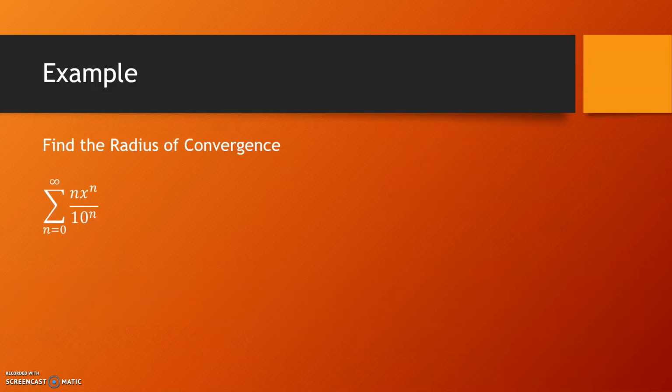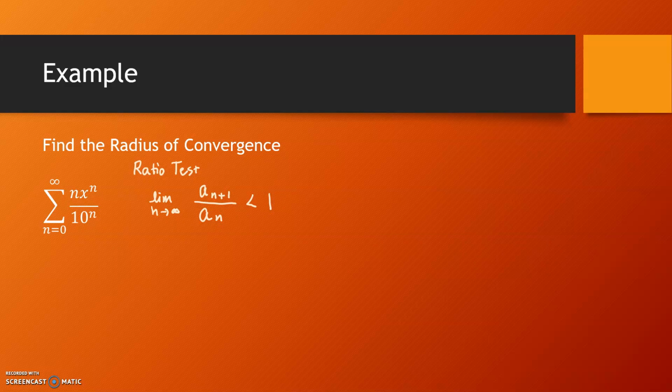Okay, so we're going to start with this example. We're going to find the radius of convergence. So we're going to use the ratio test to do this, because Yoda told us to. And the ratio test is the one that says we're going to take the limit as n goes to infinity of the n plus 1th term divided by the nth term, and if that's less than 1, then our series converges.